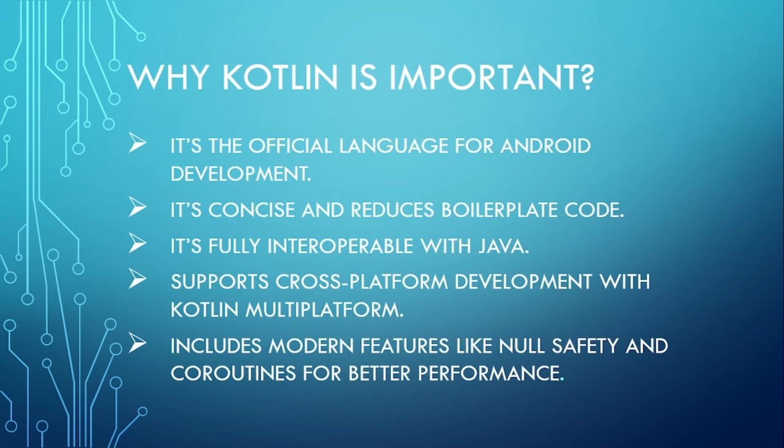Includes modern features like null safety and coroutines for better performance. We will learn about all these functionalities of Kotlin, features of Kotlin, what is null safety in upcoming videos, what is coroutine for how we can handle multi-threading with Kotlin and all.